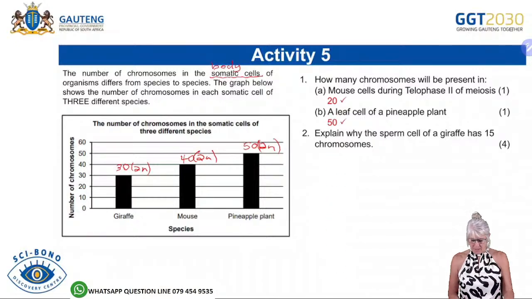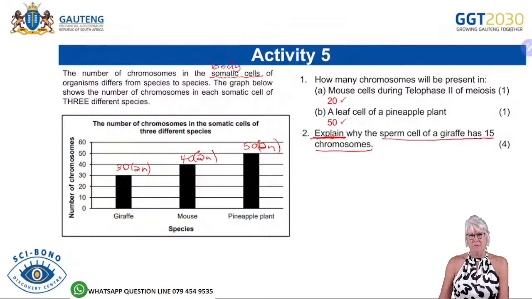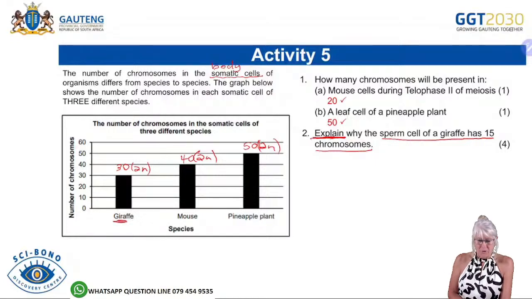Okay. Now, the next question is not a description. They say to us, explain. So I can't describe something, I've got to explain why something is like it is. They say, explain why the sperm cell of a giraffe has 15 chromosomes. We said here that giraffe somatic cells have 30.